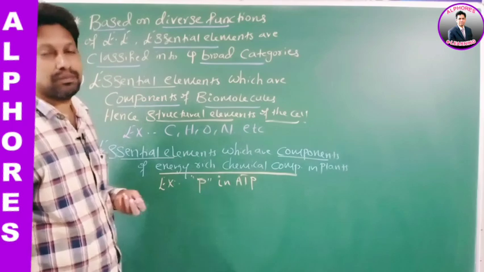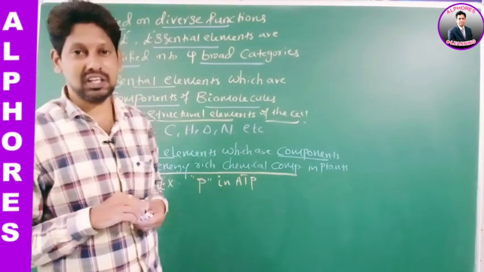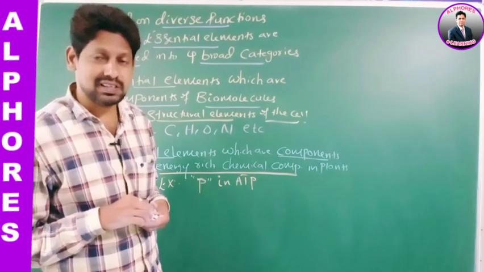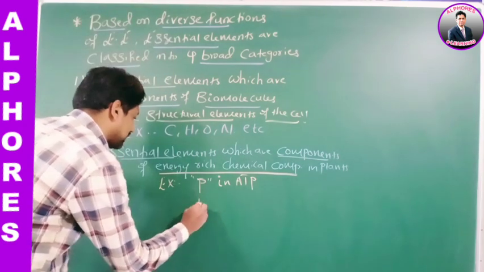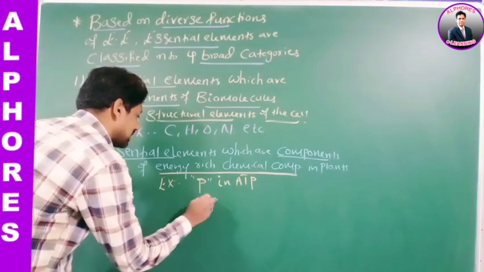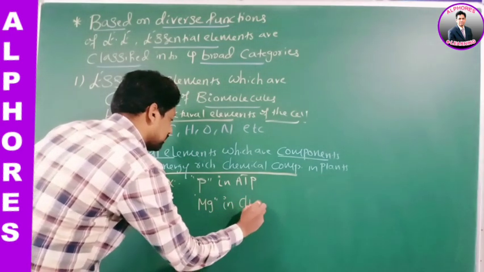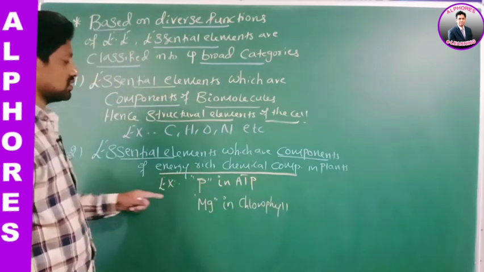What is the central metal atom of chlorophyll? Magnesium. Therefore, this magnesium, which is the central metal atom in chlorophyll, comes under this group.